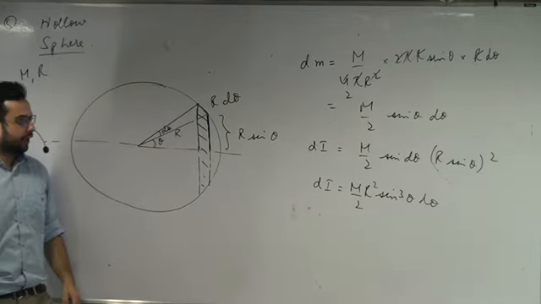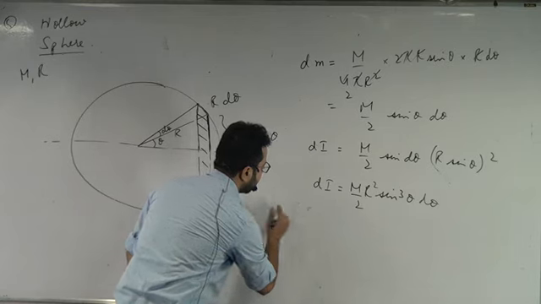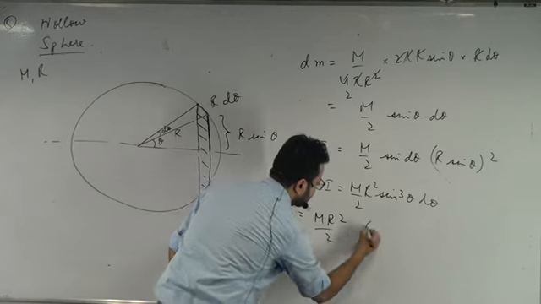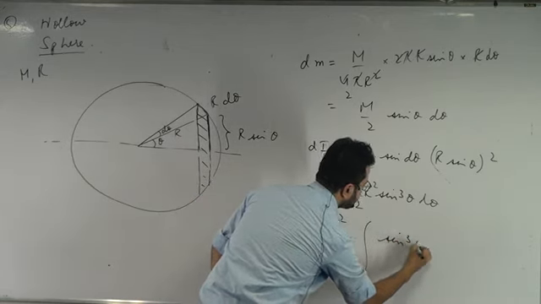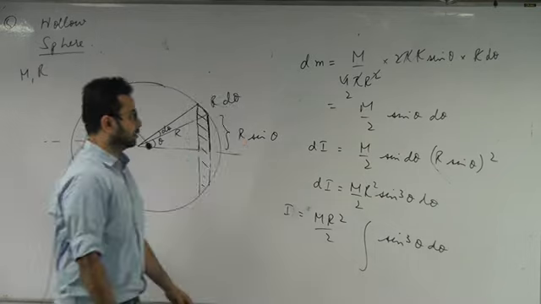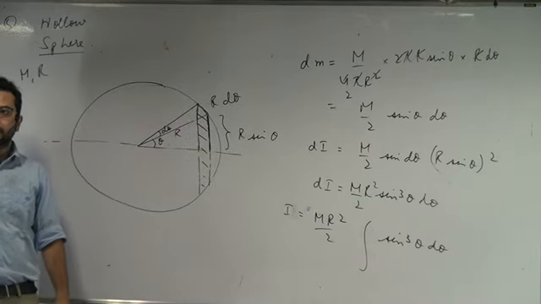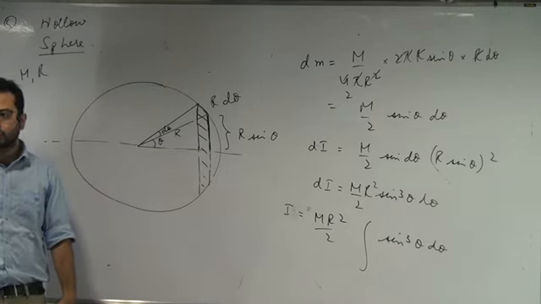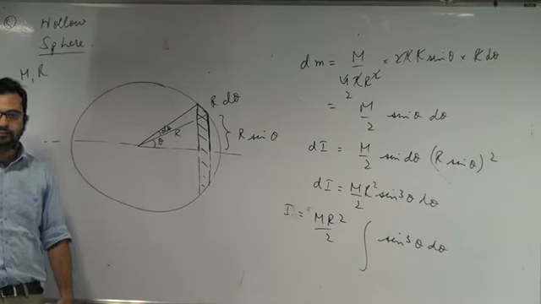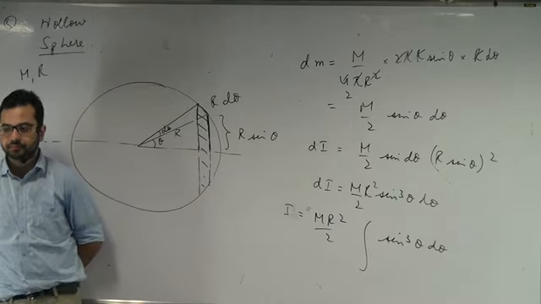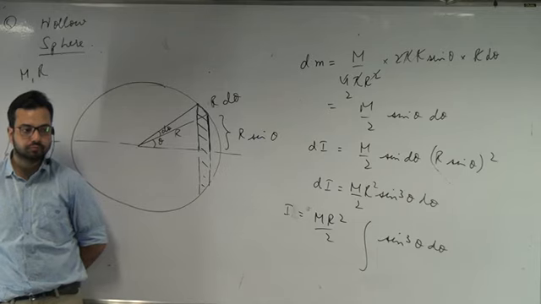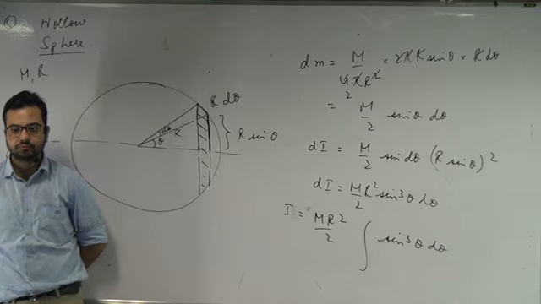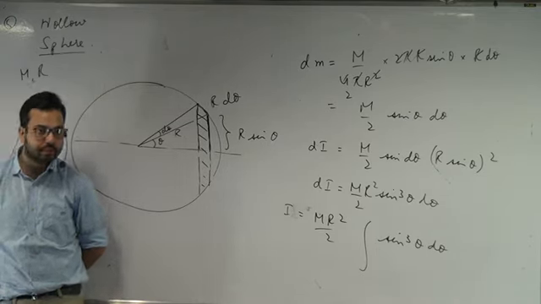ठीक है, okay, now you have to find, so to find I, so this will become mr square by 2 and the integral of sin cube theta d theta, and the limit of integration will go from, सोच के बोलना, 0 to, think, 0 to, it should be 0 to pi.